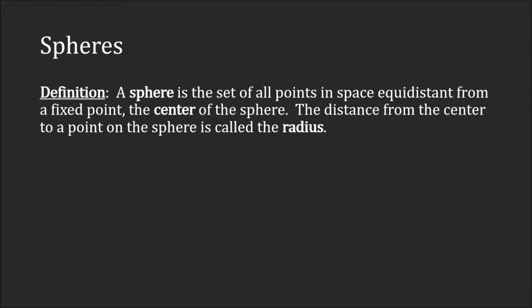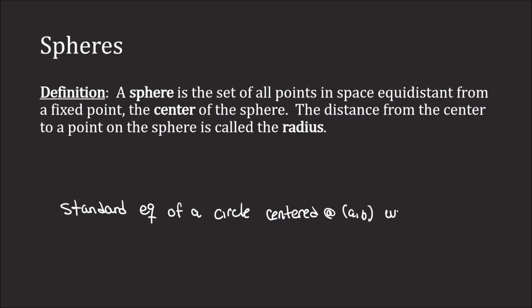And you should remember that the standard equation of a circle that was centered at AB with a radius of r was the quantity of x minus a squared plus y minus b squared is equal to r squared.